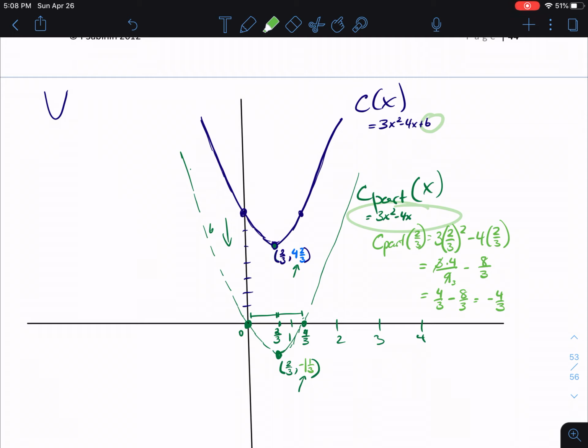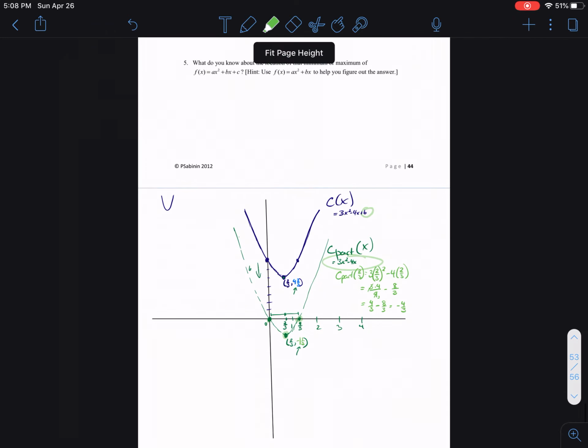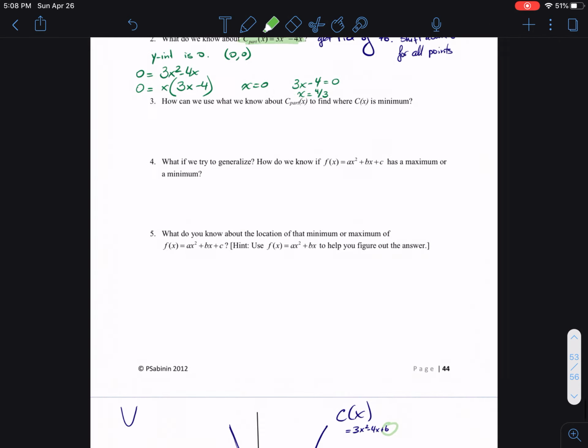Because we can figure out where this function crosses the x-axis and then find the middle point. And then in order to figure out the y value of the vertex, we can substitute it in and figure that out.